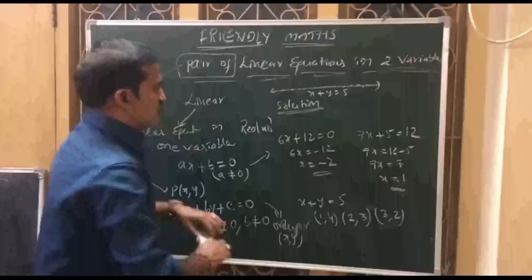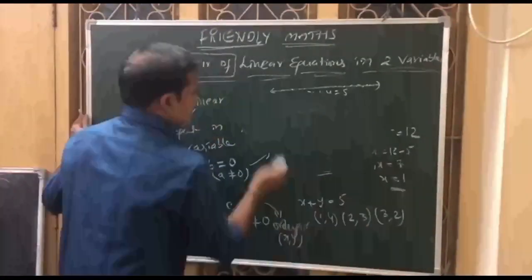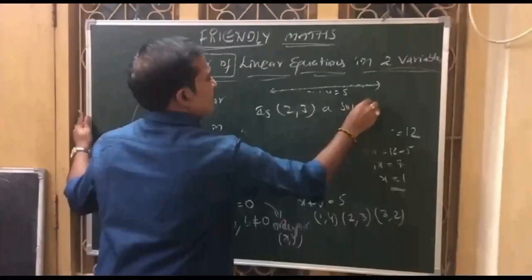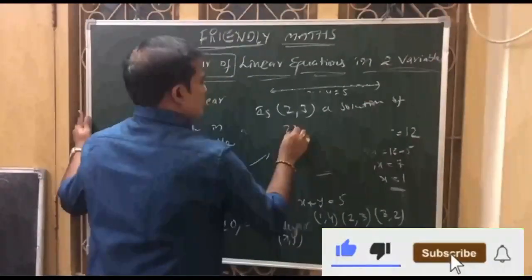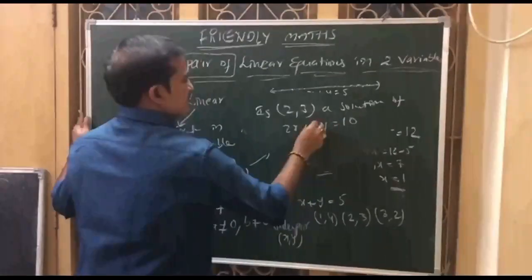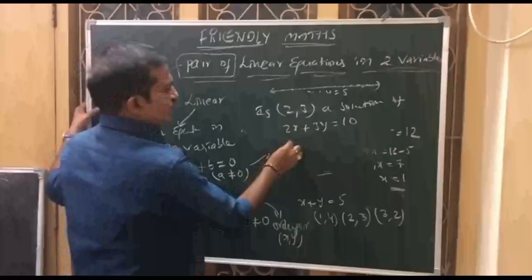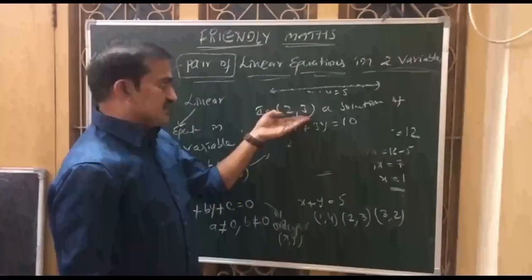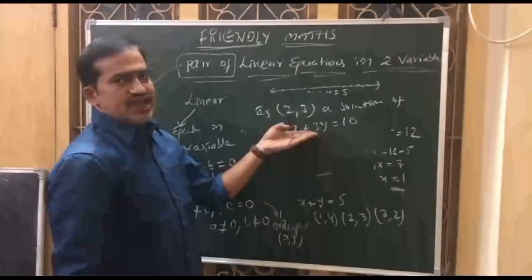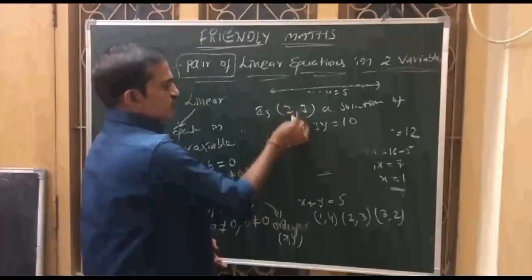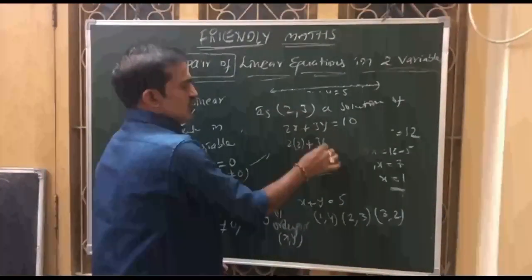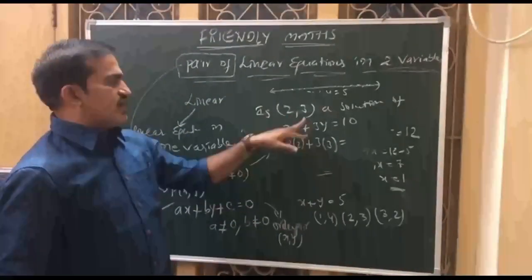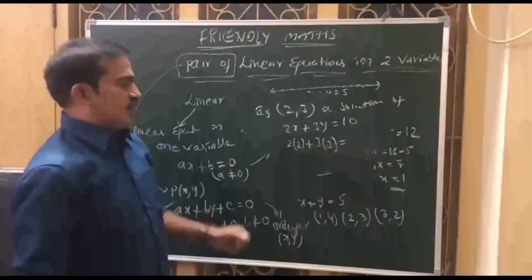Suppose I will ask one example. Is (2, 3) a solution of 2x plus 3y is equal to 10? Let us see. How to verify whether it is a solution or not? Means, does this point lie on this line or not? Then how to verify? You substitute 2 into 2 plus 3 into 3. The first coordinate value is the x value and the second coordinate value is the y value.